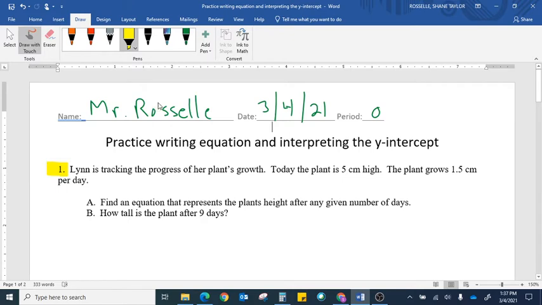So this one says Lynn is tracking the progress of her plant's growth. Today the plant is 5 centimeters high. The plant grows 1.5 centimeters per day. All right, so in our notes in the past we talked about two numbers, two variables, and this is going to be slope intercept usually.